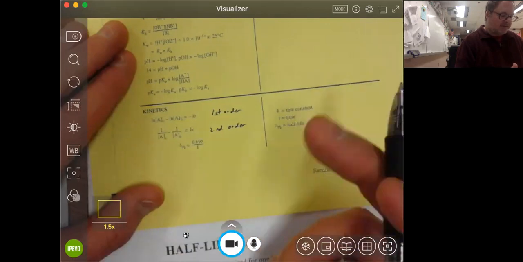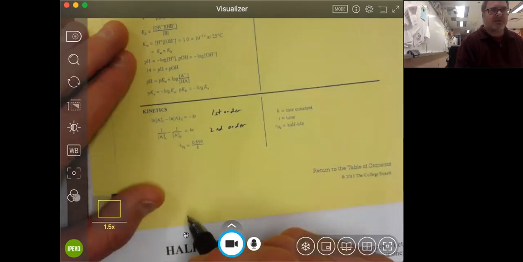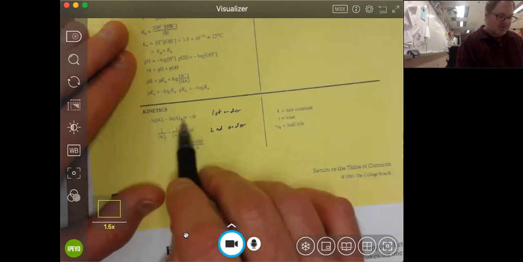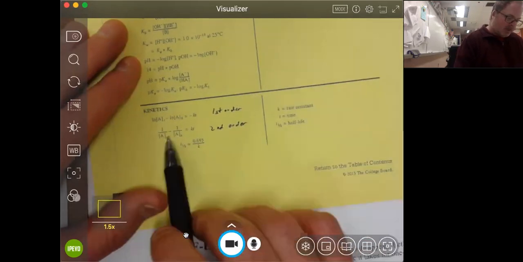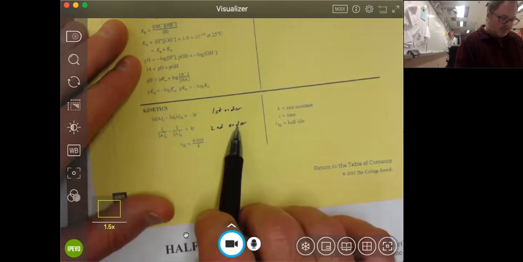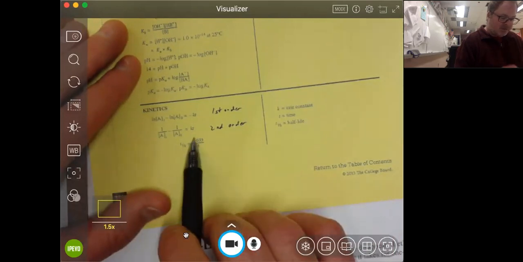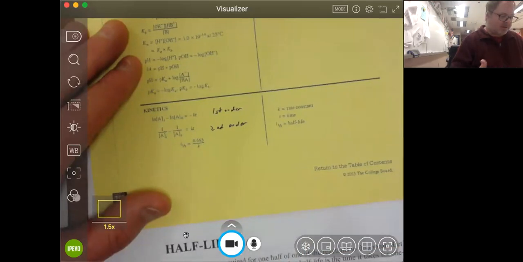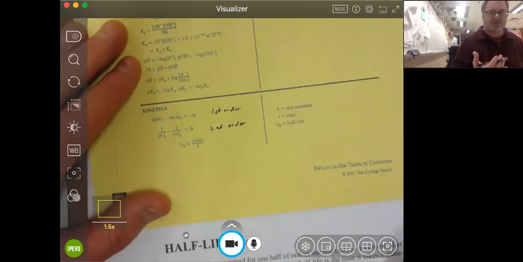I'm sure that you can imagine why this might be important, because you can say, okay, how long will it take me to change the concentration of this to this? This is if it's in a second order reaction, and we're dealing with basically only one reactant here. So this would be like a decomposition reaction or something like that.